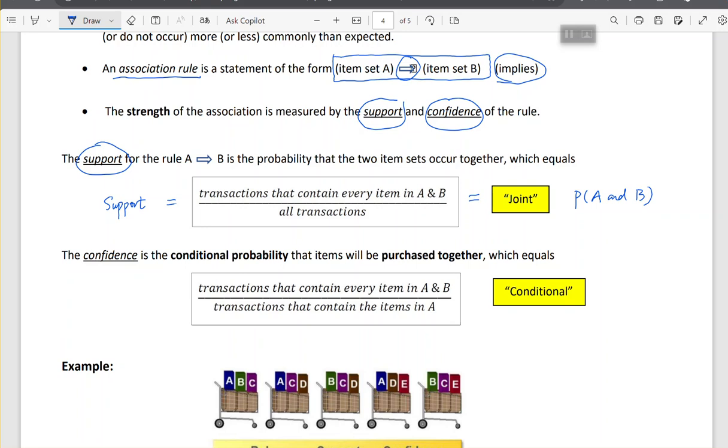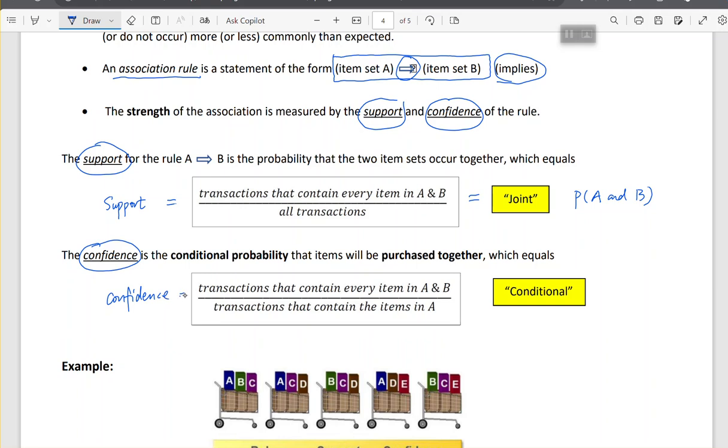Next, what is a confidence? Confidence means how much confidence there is that if you buy A, you will also go and buy B. So this confidence is actually a conditional probability.